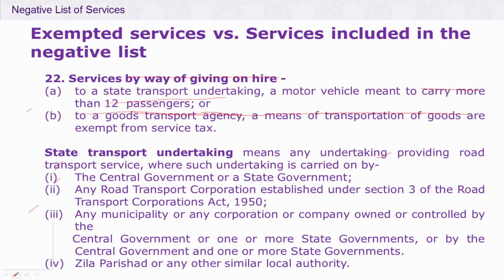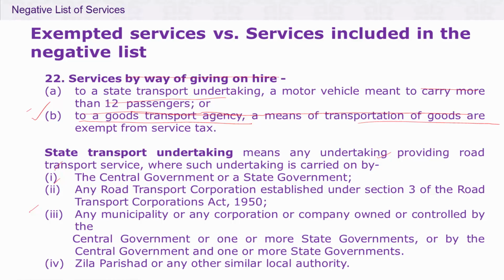If you give a vehicle to a goods transport agent, look at this B part. Services of giving on hire to a goods transport agency a means of transportation of goods are exempt from service tax. So you are giving on hire to a GTA, so here it is exempt. And similarly, state transport undertaking is okay.